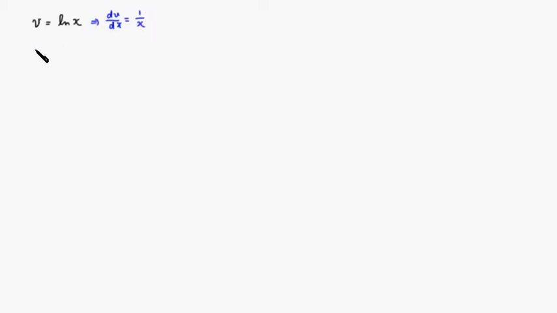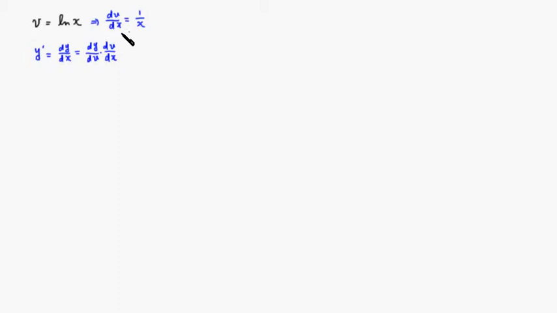So if you want y prime, which is dy over dx, that can be rewritten by the chain rule as dy over dv times dv over dx.